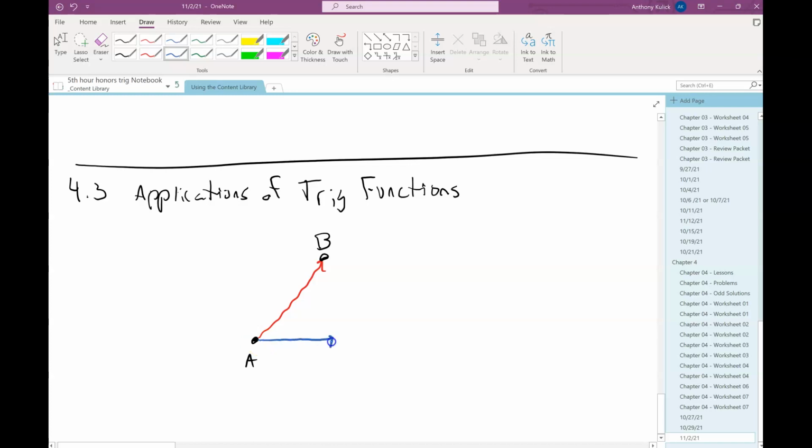But another way to describe it might be we're going to go directly to the right so far and then directly up so far. That would also get us to point B, right?